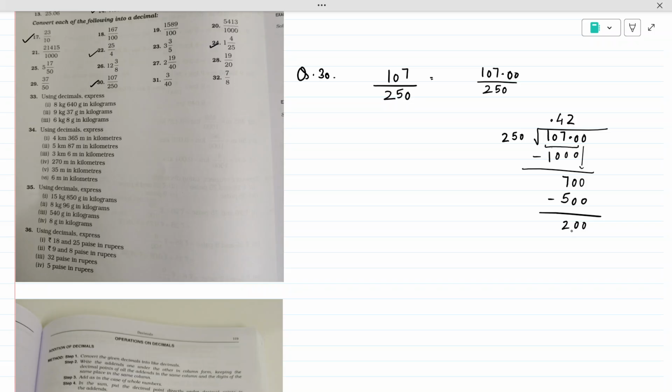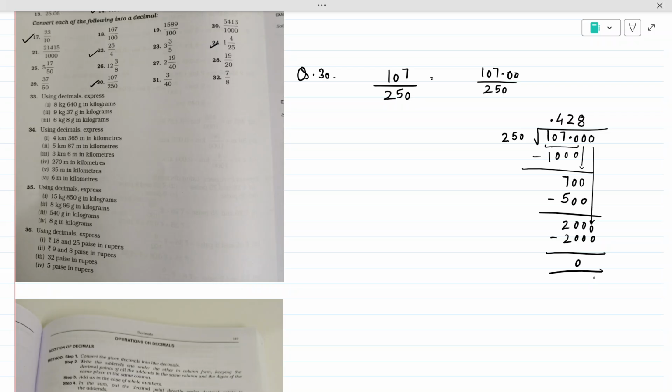Okay, so we are left with 200, which is less than 250, which cannot be divided. So since it's a decimal, we can add one more 0 here. We are adding one more 0 here, and taking that 0 down. So 250 multiplied by 8 gives us 2000. Okay, so in the remainder we will have 0.